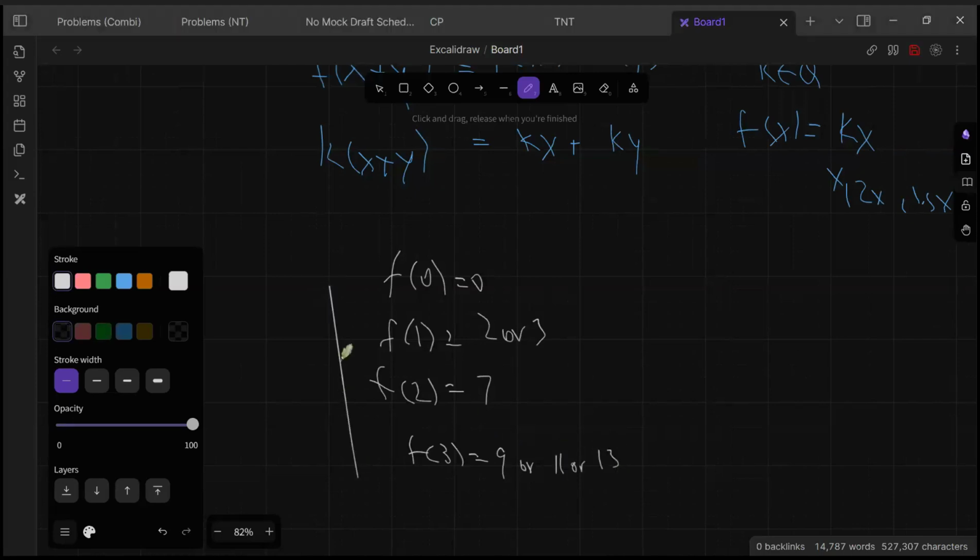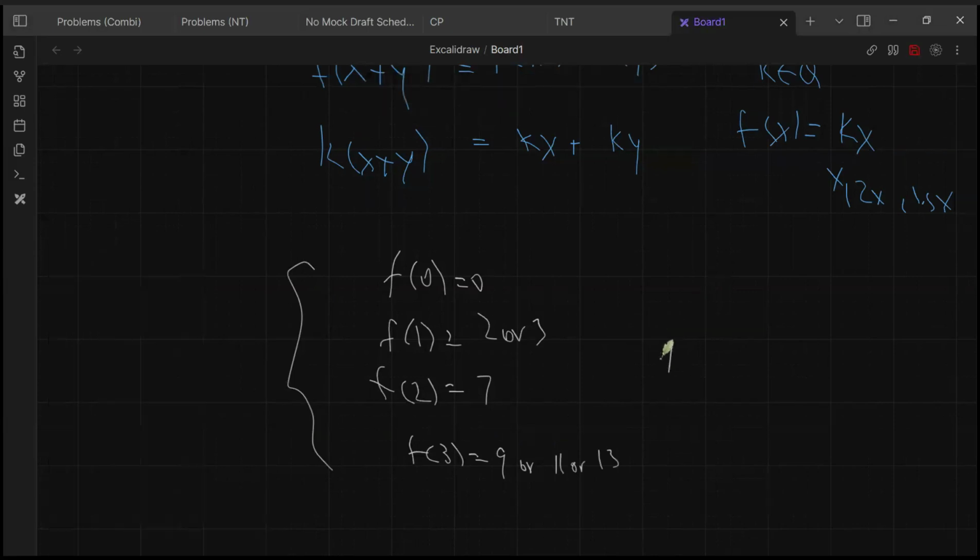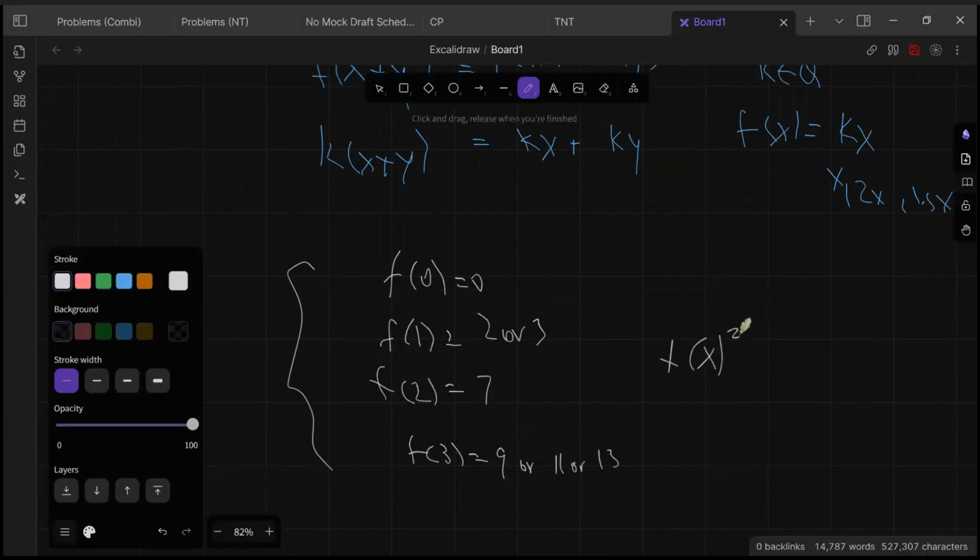So we have some sort of characterization for all of the values, but not all of the values might work. So we might have something like f of x squared is x squared, but this is not a complete characterization, right?